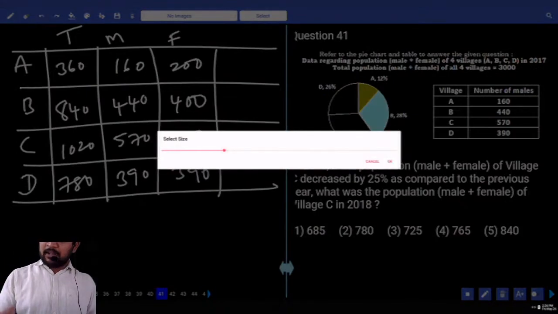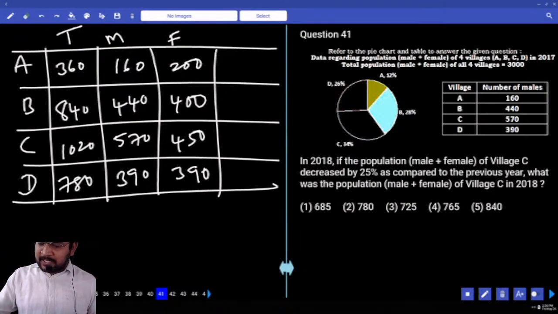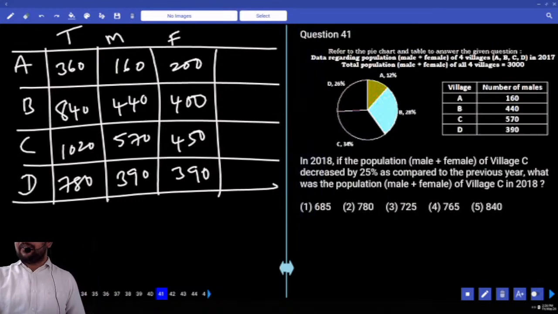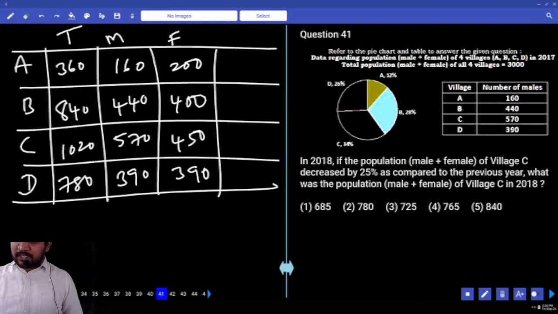Now see the first question, all of you. Are you ready? In 2018, the population of village C decreased by 25%. The data is 2017 data, and that is very important. In 2018, if the population of village C decreased by 25% compared to the previous year, what was the population of village C in 2018?